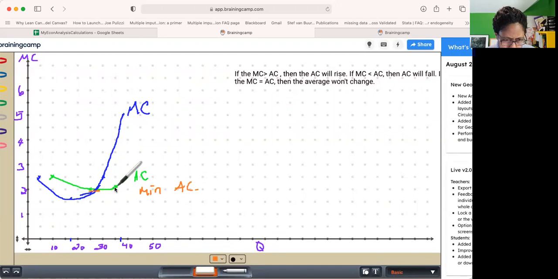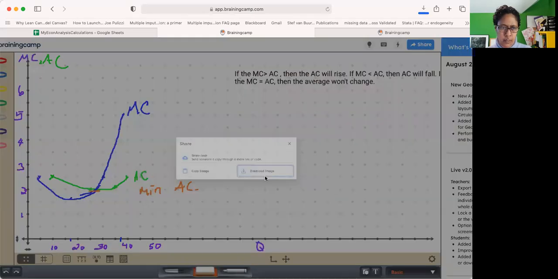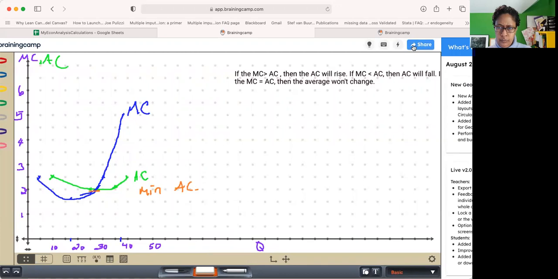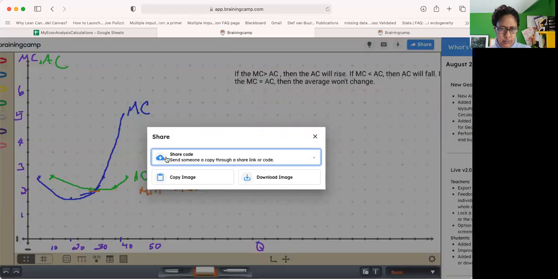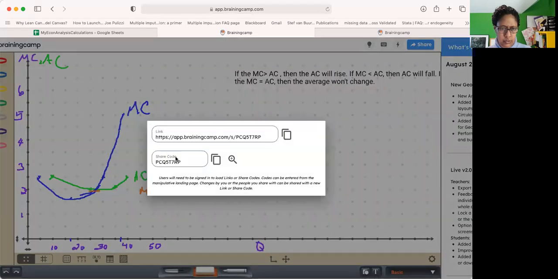So if I draw a little better, this green line should be going up a little bit there. Okay. And so that's our plot of marginal cost and average cost. And we save that. And I will also get the ship code.